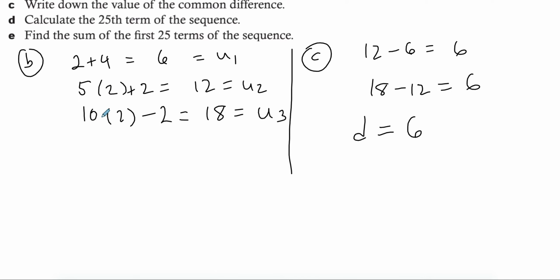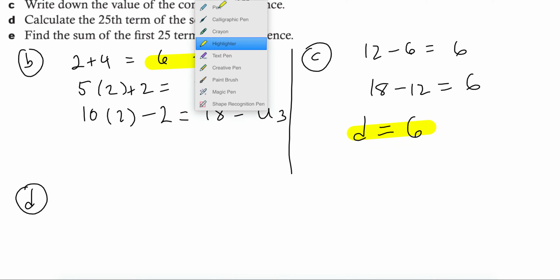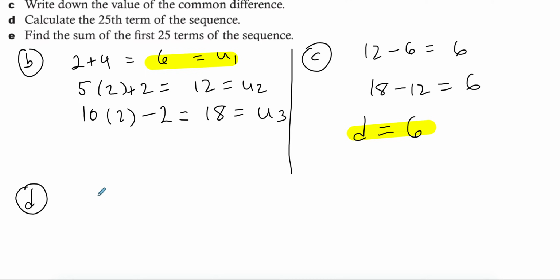So for part D, calculate the 25th term of the sequence. So now we have the first term, and we have the common difference, so we can use the formula whenever they want the term. So U25 is U1, which is 6, plus we want the 25th term, so we're going to go 25 minus 1 times the common difference, which is 6.